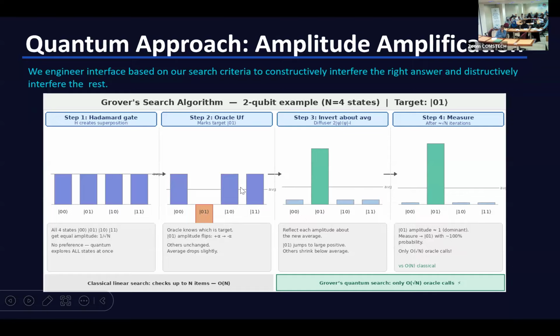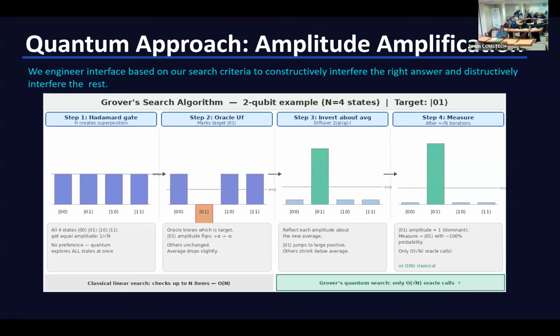So here, when we again take the average, we now have 3 states positive and 1 state negative. Then the average is going to be over here. Now, if we invert our states around the average, the positive states are going to go down, but this negative state, which was flipped, when it is inverted, is going to gain that amount of average.